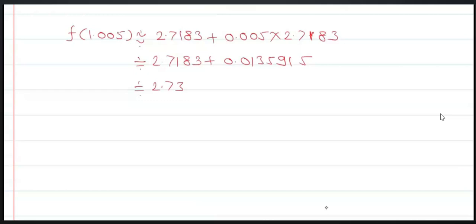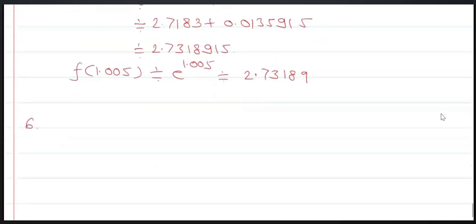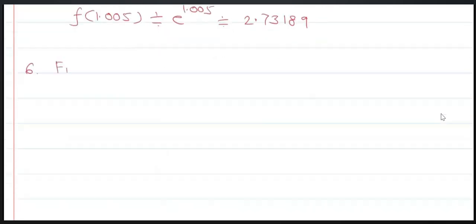And that's why the answer is 2.7318915. This is f of 1.005, that is e raised to 1.005 is approximately 2.73189.